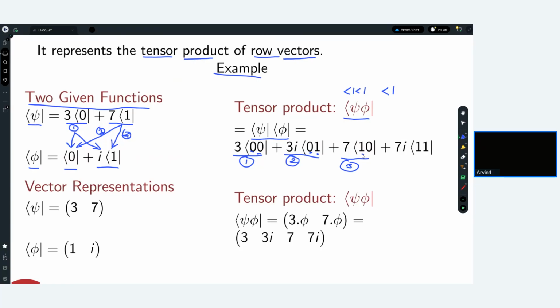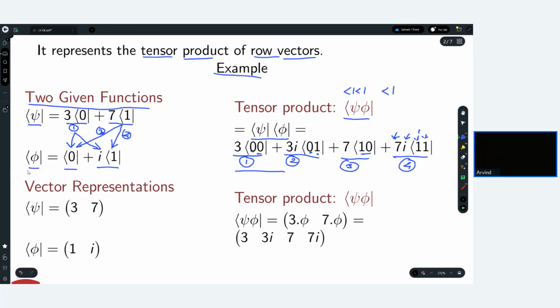So this becomes 7 bra 10. Now the fourth term is calculated like this. The 7 is from the first function, i is from the second function, this 1 is from the first function, and this 1 is from the second function. So this is the way in which we perform the tensor product with bra notation.